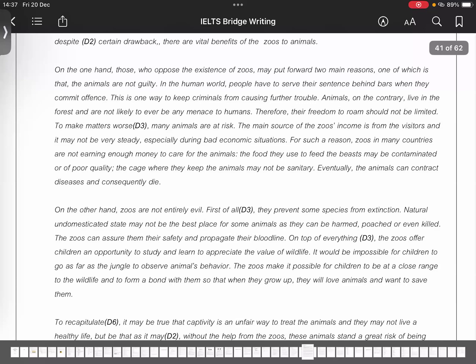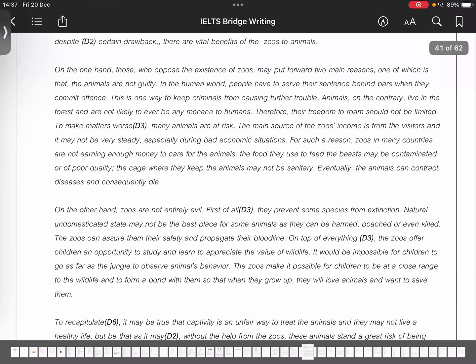First of all, they prevent some species from extinction. So that's the first vital benefit, right? It prevents some species from extinction. Natural undomesticated state may not be the best place for some animals as they can be harmed, poached, or even killed. Okay, so natural undomesticated state is referring to a forest.